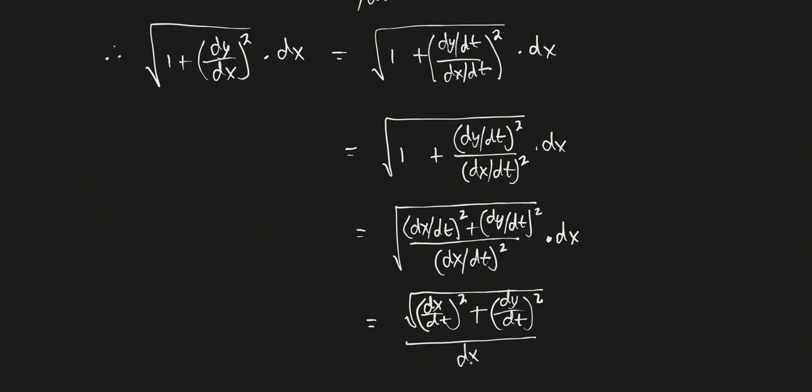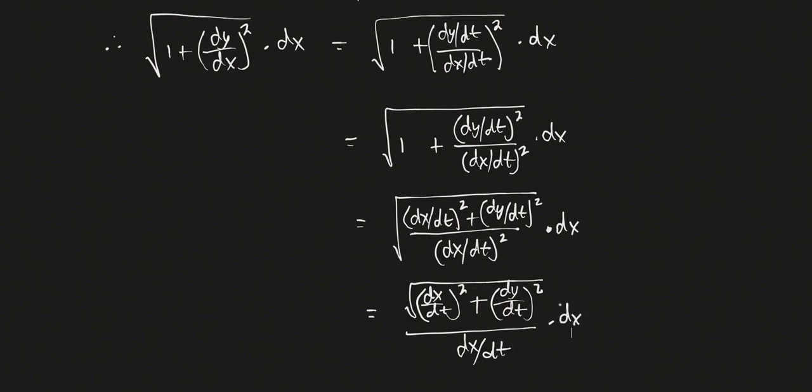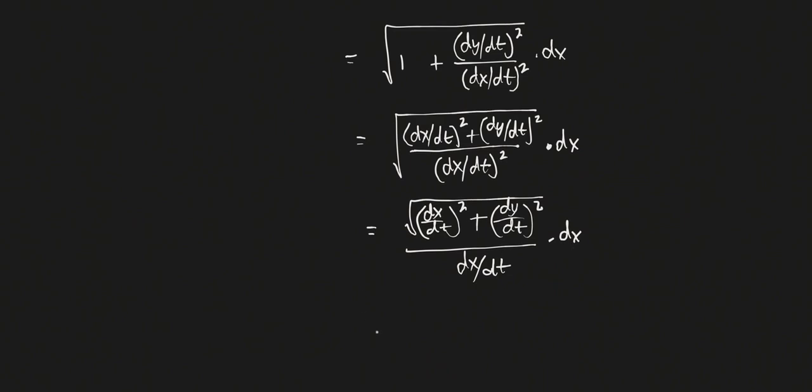So I'm going to have dx dt, and then times dx. Things are looking a little bit better now. If we think about it, what I have here is dx dt squared plus dy dt squared.